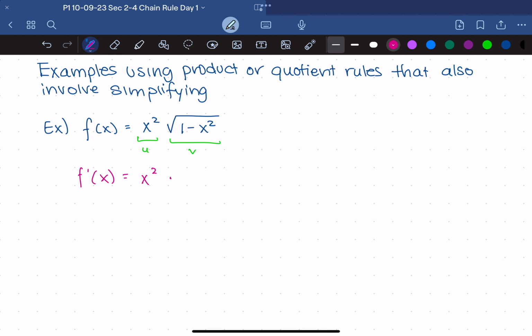So to take the derivative of the second, I got to use chain rule. Outside function is a square root function. Multiply by the exponent, subtract 1 from the exponent, keep the inside the same, multiply by the derivative of the inside. Whew. Oh, I forgot negative. It's a negative 2x. Let me rewrite that so the negative doesn't get lost.